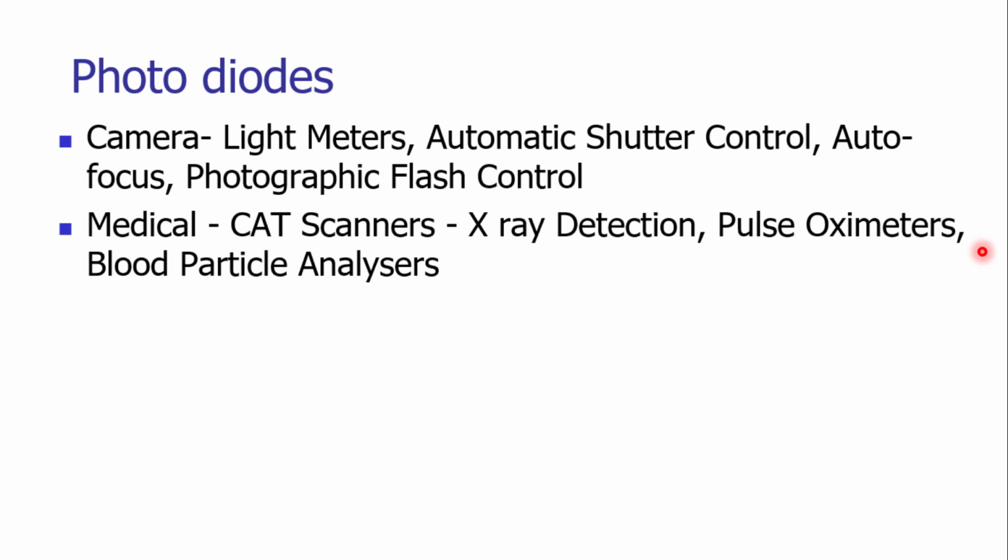In addition to this, photodiodes have applications in the medical industry. In the medical industry, we require many scanners, X-ray detection units, measurement of oxygen levels, and analysis of blood particles. In all these applications, photodiodes are extensively used.